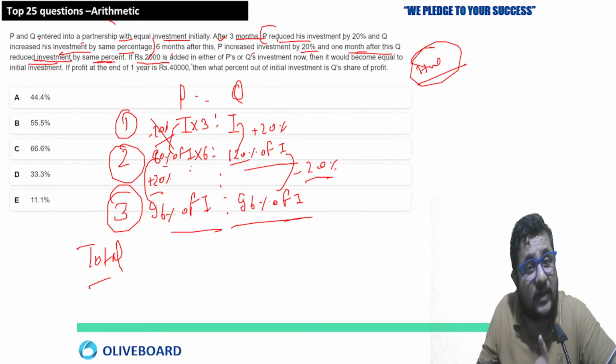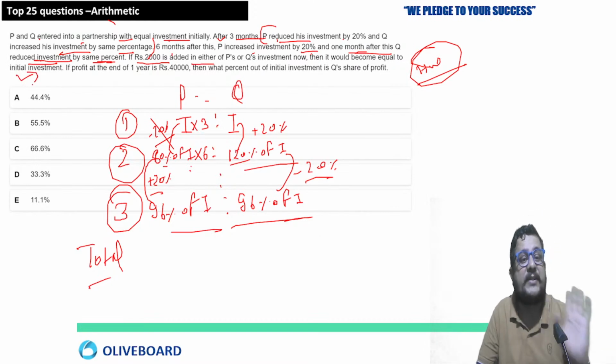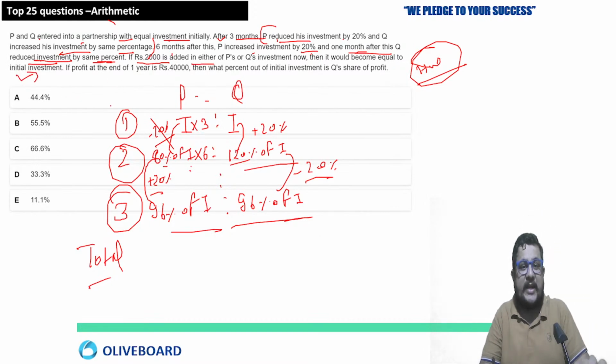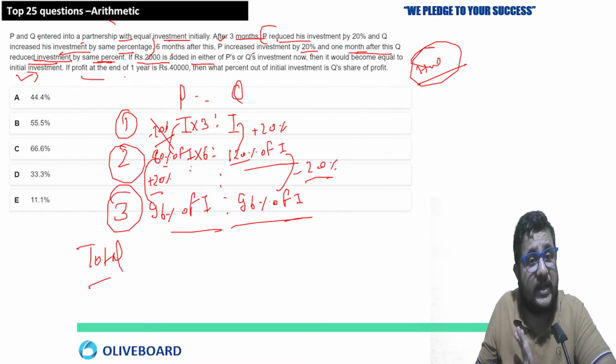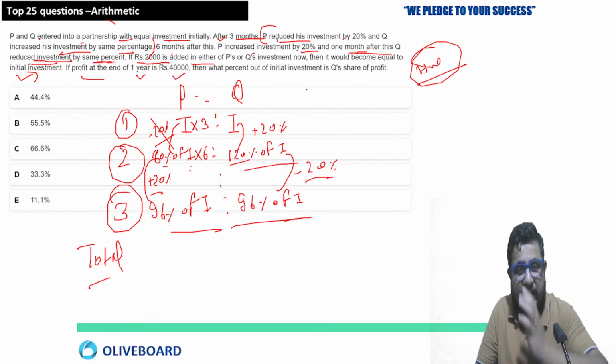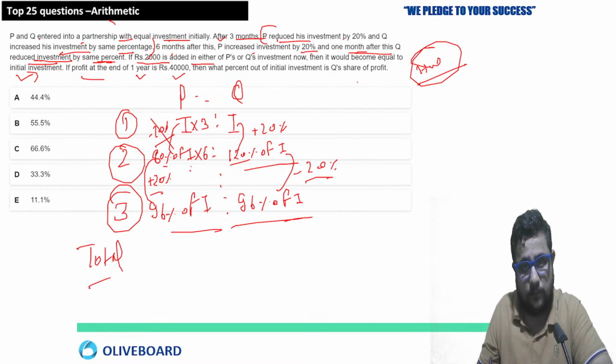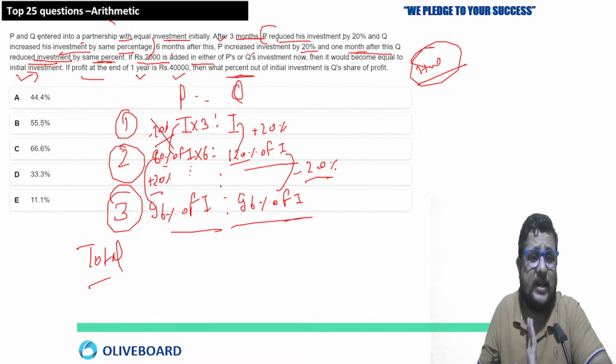If rupees 2000 is added in either P's or Q's investment now, then it would be equal to the initial investment. Means we can get the initial investment if we add 2000 there. Now the profit at the end of 1 year is 40,000. Then what percent of the initial investment is Q's share of profit? So in percentage terms they are asking.